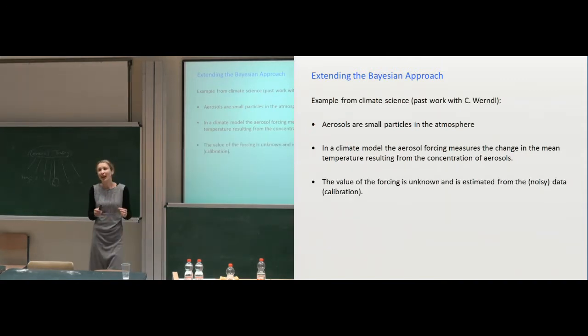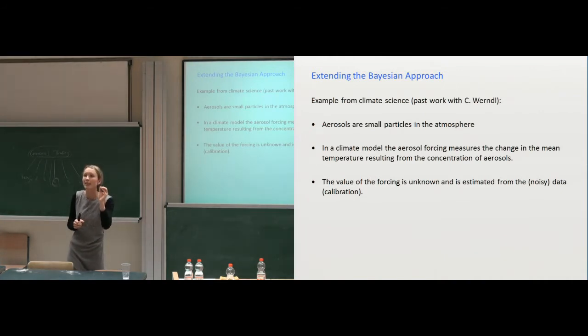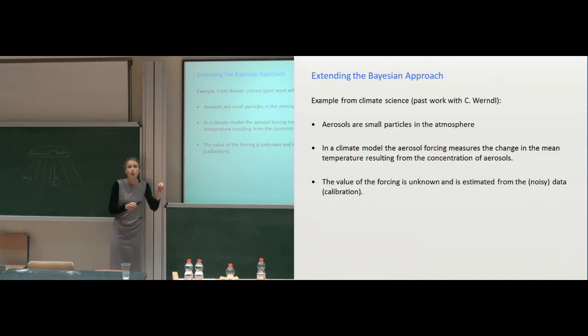So the value of the aerosol parameter is unknown, and it's basically left as a free parameter in these models. And you use the data to calibrate the model, the mean temperature data. So you effectively use the data to refine your idea of what's the appropriate aerosol forcing.